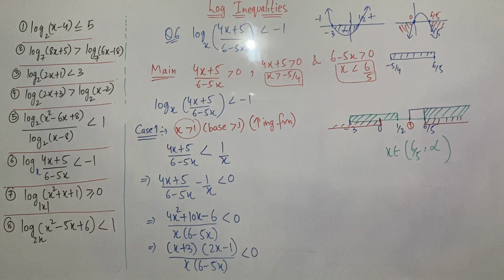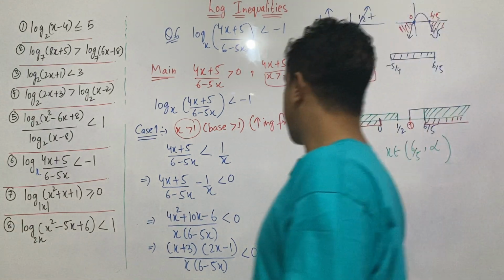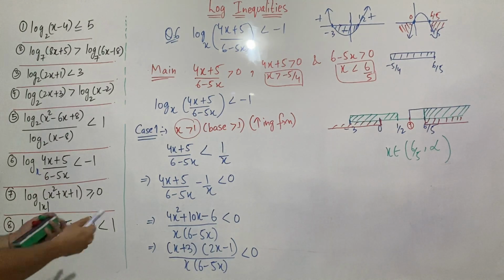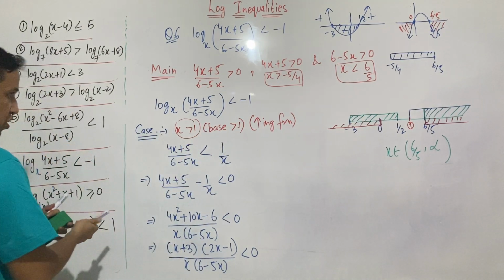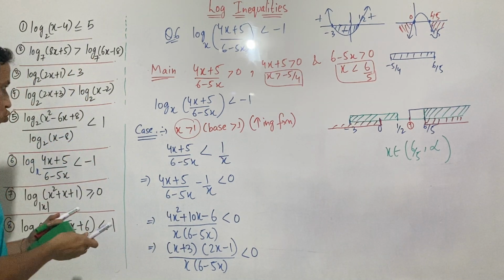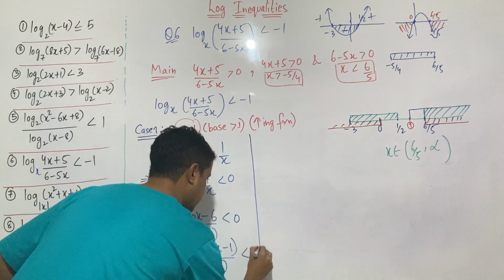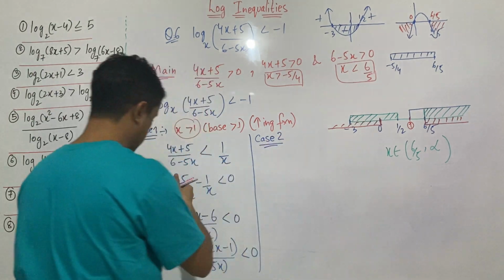All right. Now we can take case number 2. I'm just making a few changes here because I don't have much space. So I can write case 2 here. This is my case 2.